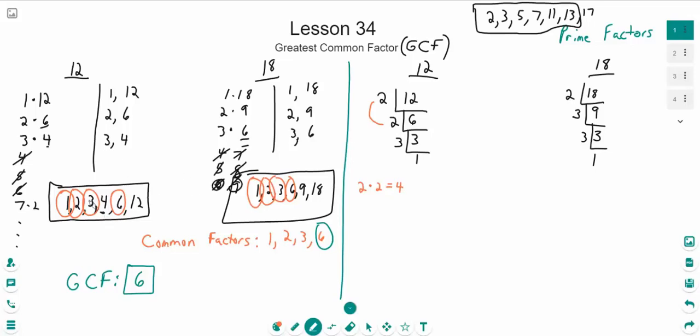So I can create this factor by multiplying this out, which means that I can take any combination I want here. Take whatever you want and multiply them, and that will give you a factor for 12. Okay? It doesn't matter. So I could say, okay, 2 times 2 must be a factor. Well, then 2 times 3 must be a factor. And that would be accurate. 2 times 3 is 6. That's where the 6 came from.